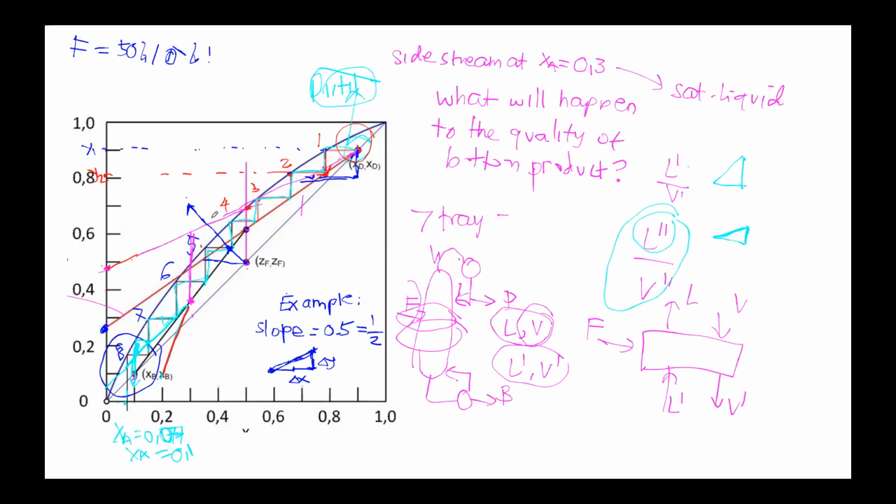What happened to the steps? Any idea? If you change the feed, then the intersection point between the Q line and the enriching line is going to change as well, isn't it?